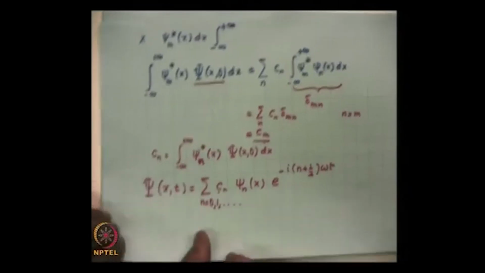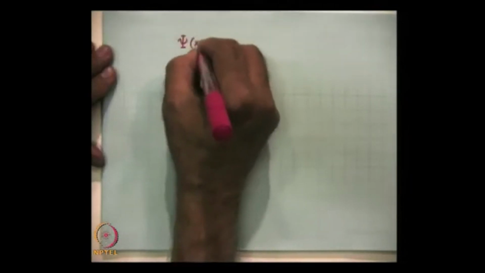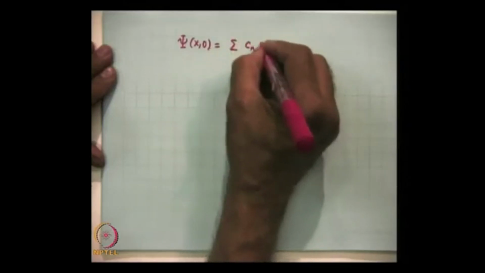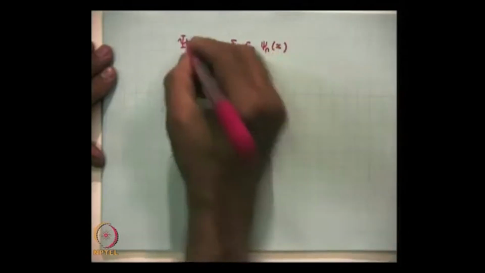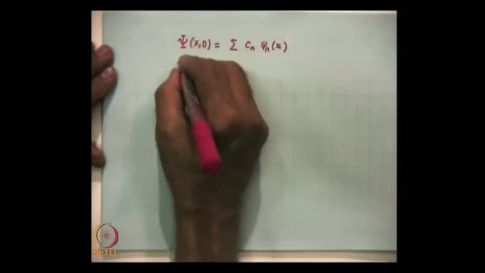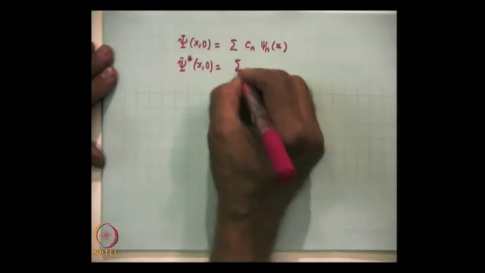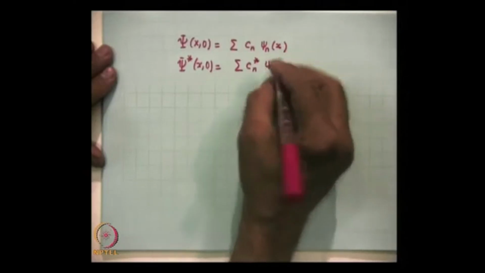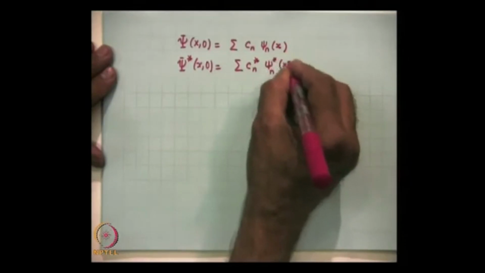Before I proceed further, let me mention one more thing. Psi of x comma 0, we wrote as the sum of C n psi n of x. The complex conjugate of that is psi star of x comma 0, equal to the sum of C n star psi n star of x.